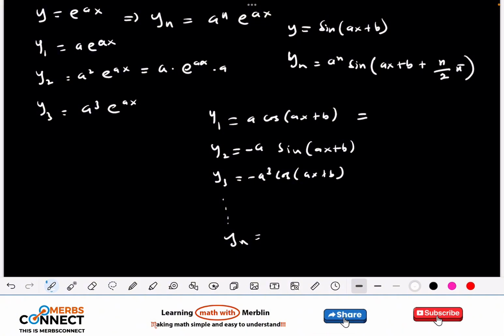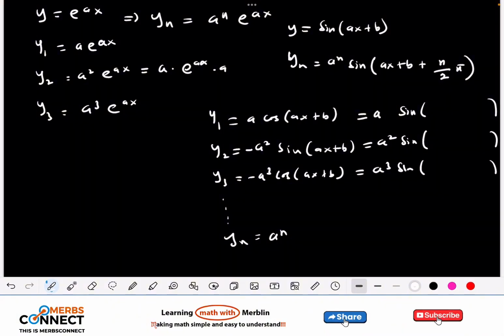Now one pattern that we can see is a to the power 1 going with this, a to the power 2 going with this, a to the power 3 going with this. So we can see a here, a squared here, a cubed here. So automatically this one will be a to the power n. Now I want to write this one too in terms of sine, and this one too.